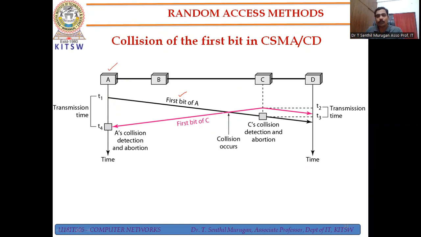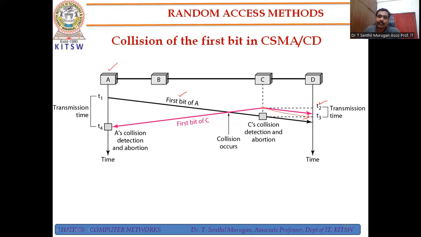But what happened here? C also transmits data. At what time? At time T2, it is transmitted from node A to node D. While it is transmitting in the forward direction, there is no collision.